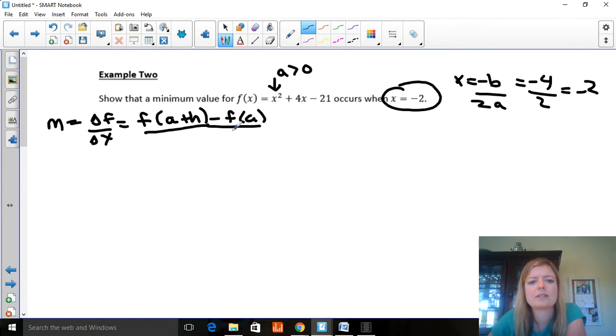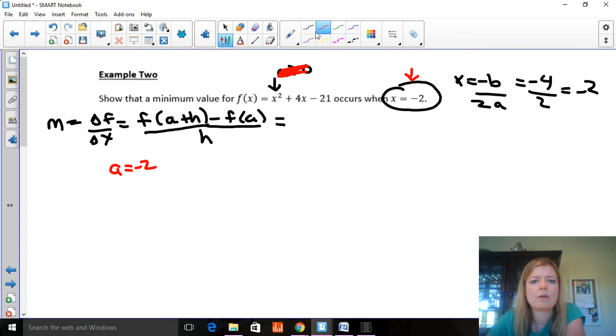So that's our difference quotient formula, which is just slope rearranged and simplified on the denominator. In this case, we're going to let a be equal to -2. Don't be confused with the a up here. That's just the a value. Here we're talking about a specific x. So we're looking at a equals -2 because that's the point that we're checking.